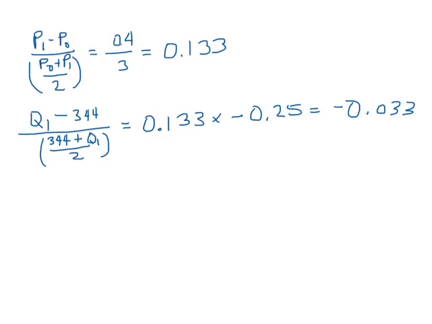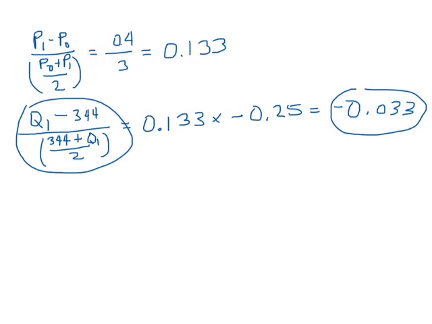So now it's just a plug and chug effort. We know that this quantity here equals this quantity here. So we've got one equation, one unknown. It's just plug and chug time. So let's go ahead and do this. I know that Q1, I'm going to multiply both sides by 344 over 2 plus Q1 over 2.